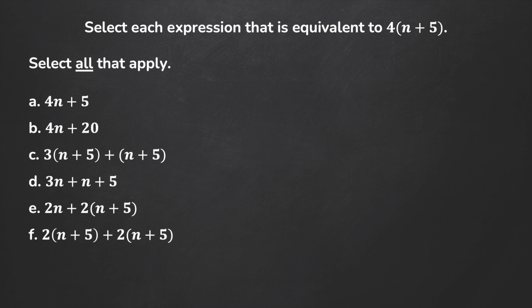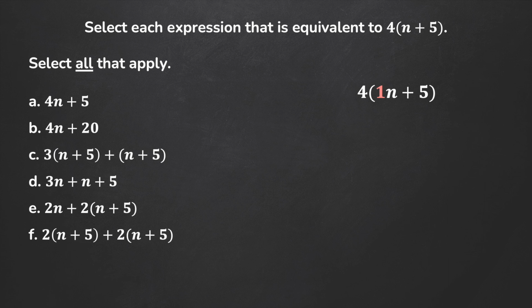But before we do so, we're going to use the distributive property to simplify the expression they gave us. So we have 4 times (n plus 5). Before we distribute, remember that if we see a variable by itself, like the n, it has a coefficient of 1.